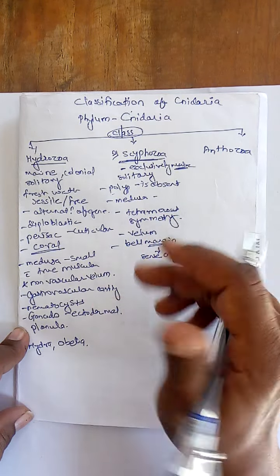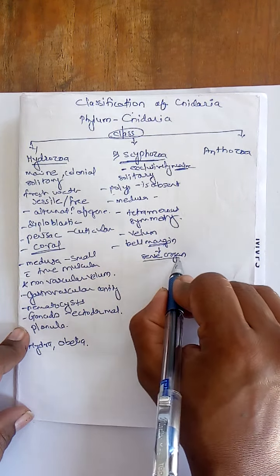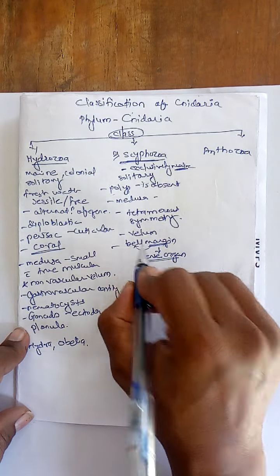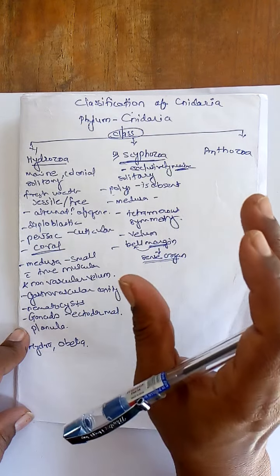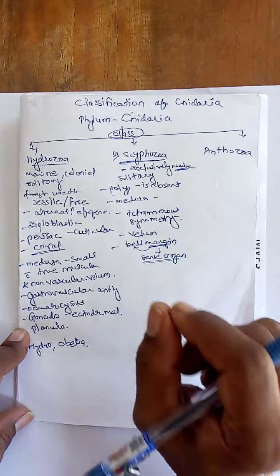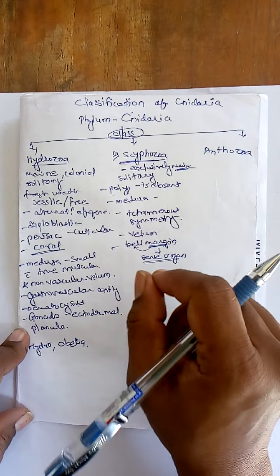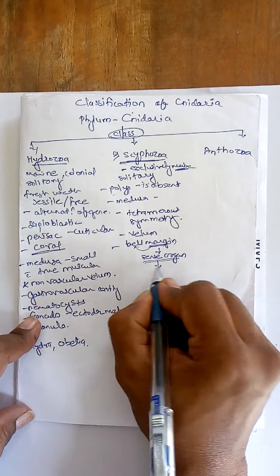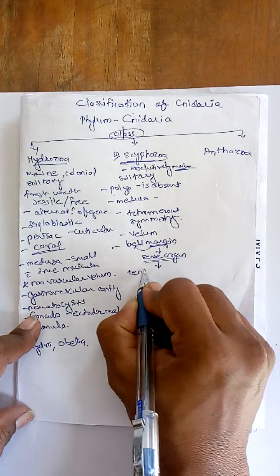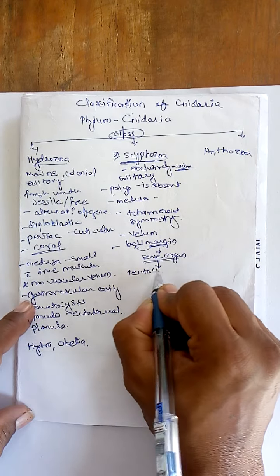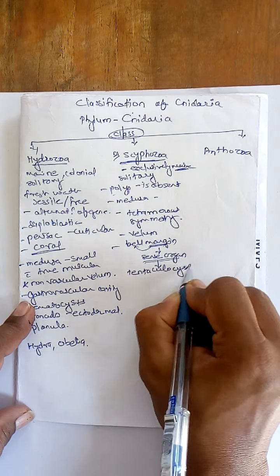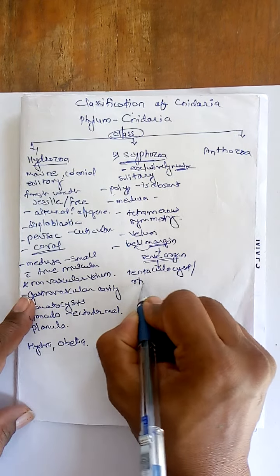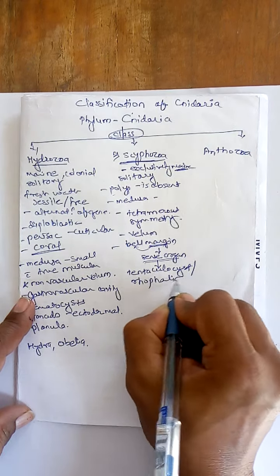Whatever changes occur are recognized by the sense organs present on the margin of the bell shaped structure. The sense organs are called tentaculocysts, or we also call them rhopalia.